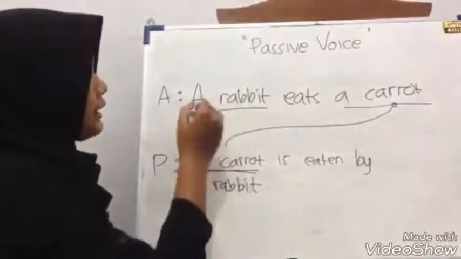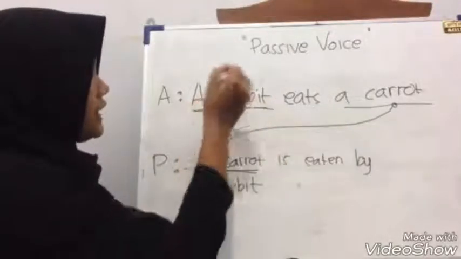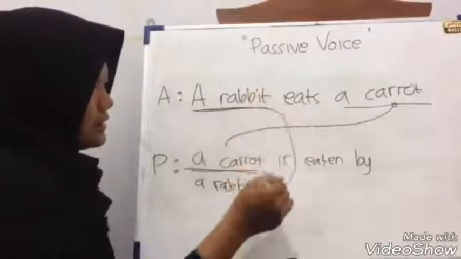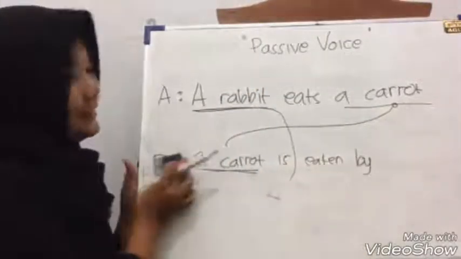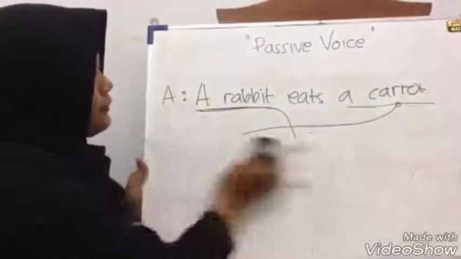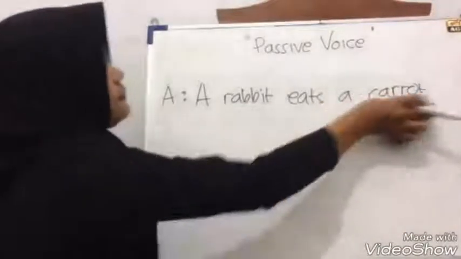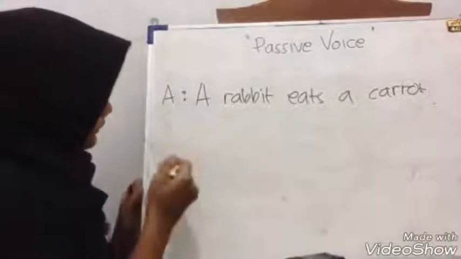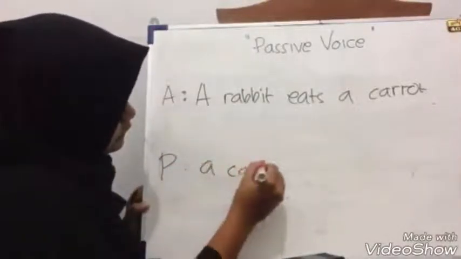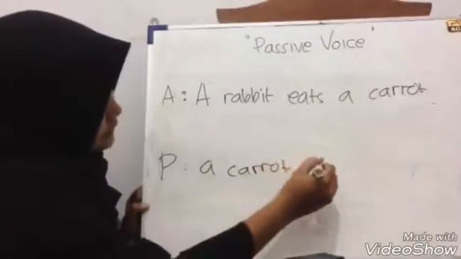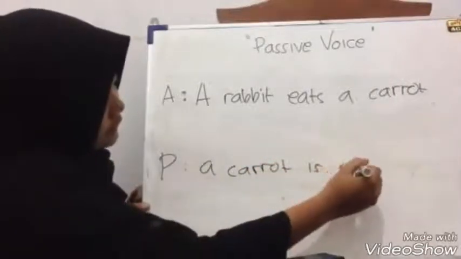And the subject of the active voice changes into here. Do you understand? Next. Carrot is eaten.